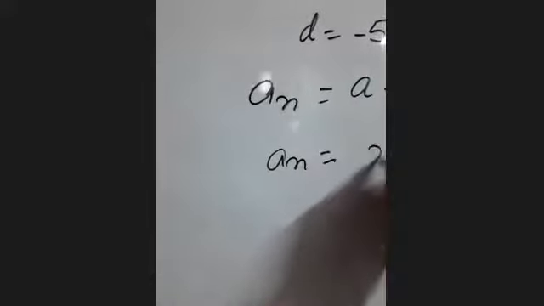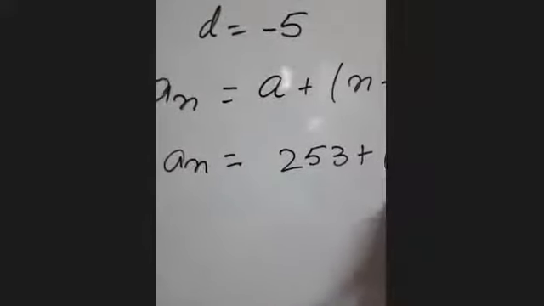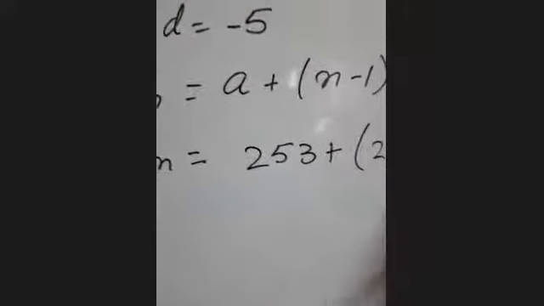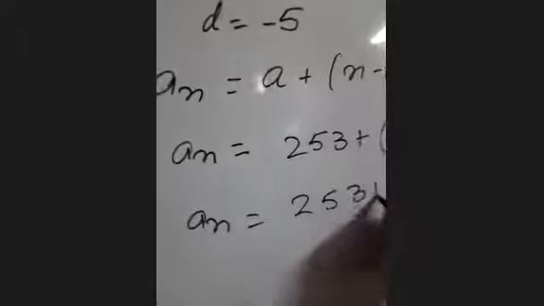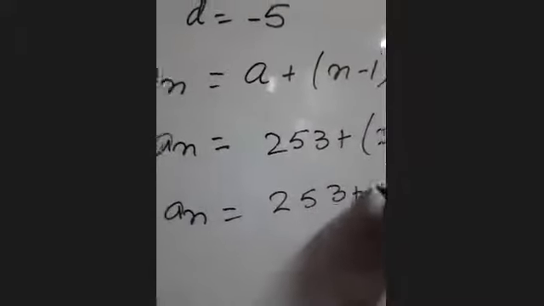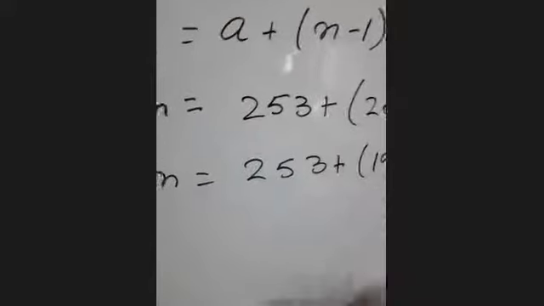So An will be A, which is 253, plus N, which is 20, minus 1, and D will be minus 5. We can calculate it easily: 253 plus 20 minus 1 is 19, and minus 5.